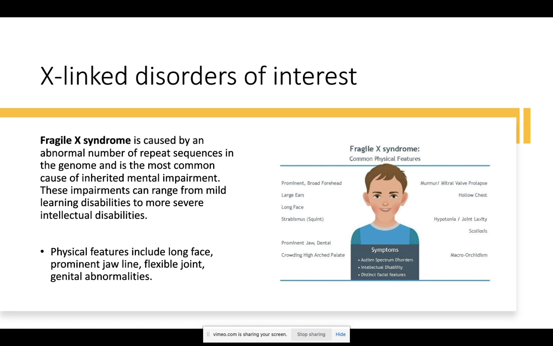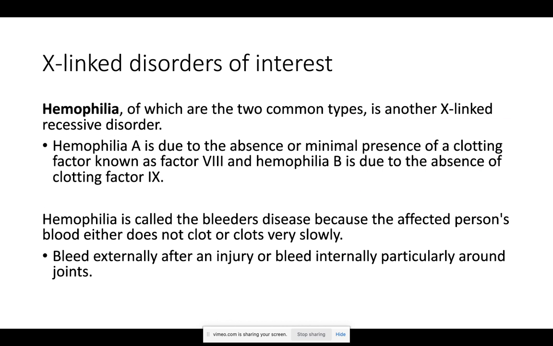They are very much on the autism spectrum disorder, and it is recognized as being one of the most common inherited mental impairments. Learning disabilities range from mild intellectual disabilities to severe. So again, just recognizing that this is an example of an X-linked disorder.